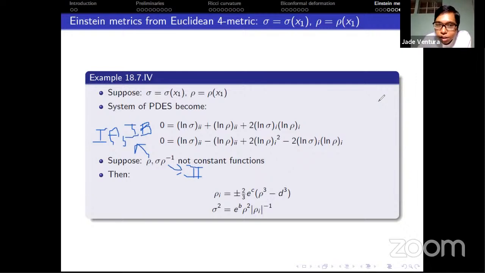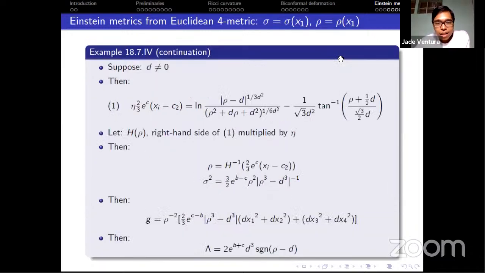But supposing they are not true, then we have these 2 equations. The first one is an ODE of rho, and the second one expresses sigma in terms of rho. Suppose further that D is not 0.